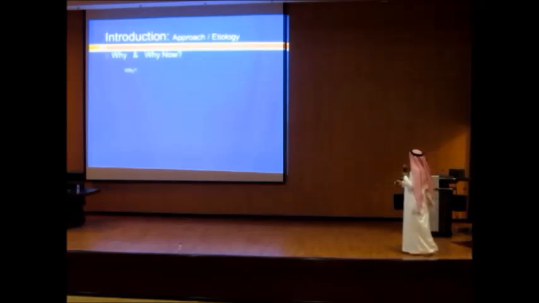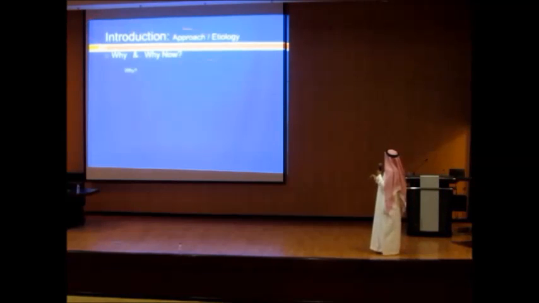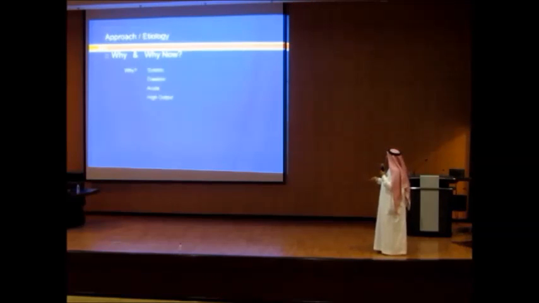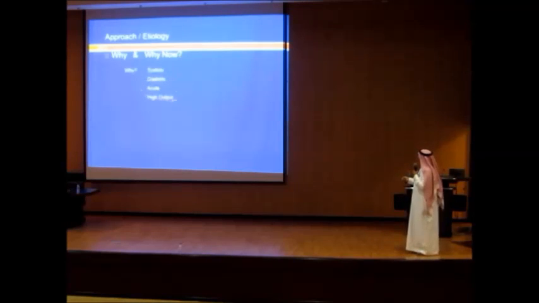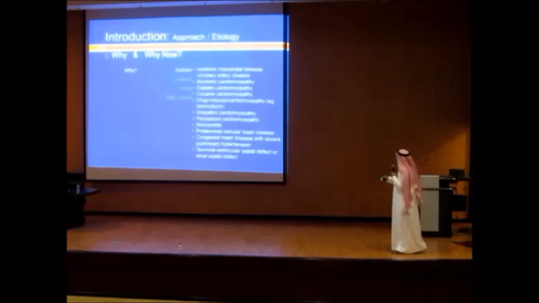So now, the first question you need to ask yourself when you see a patient with heart failure is: why does this patient have heart failure? Is it systolic, diastolic, or high output heart failure? And then the other question is: why now?